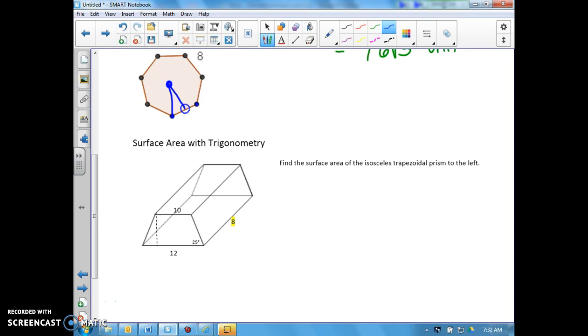So I am going to do 7 minus 2 times 180 divided by 7, and that gets me 128.571 degrees. So that means that each angle here is 128, well, 129 degrees roughly.